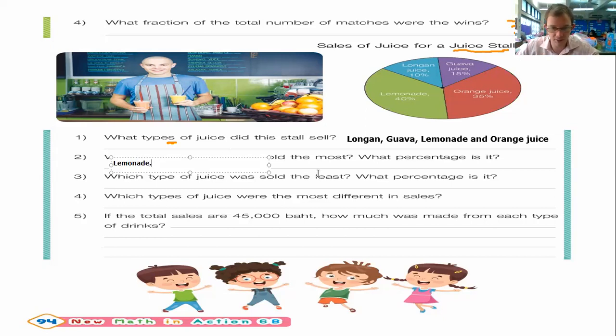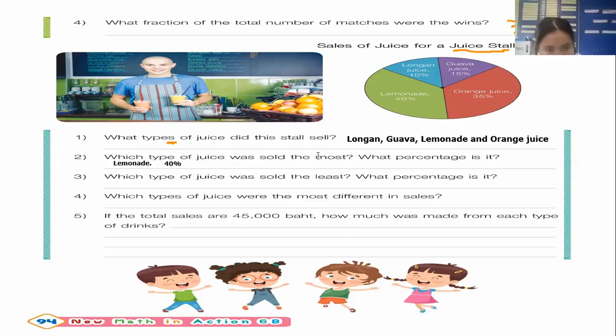Okay, that's the first one. What is the percentage? 40%. Very simple. We can just read from the chart. So the most important part about this pie chart is to read the information. All the answers are there. You just have to read it.